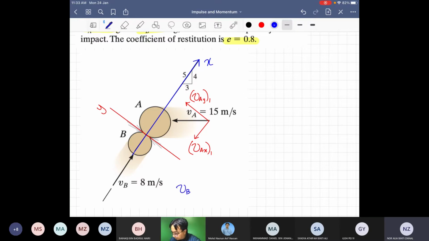So VBX1 is 8 meters per second and VBY1 is 0, because VB is not in the y-axis, it is only in the x-axis. So VBY1 equals 0.